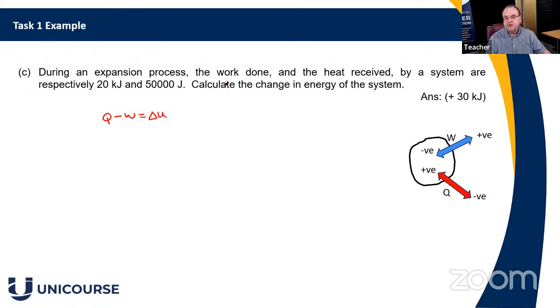So what have we got? The work done by the system is 20 kilojoules. So the work done by the system is plus 20. So work done is equal to plus 20 kilojoules.